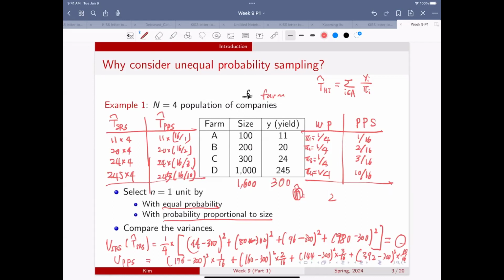So if you do that, then you get this value of the variance, while the second one is 76 hundred squared divided by 16.